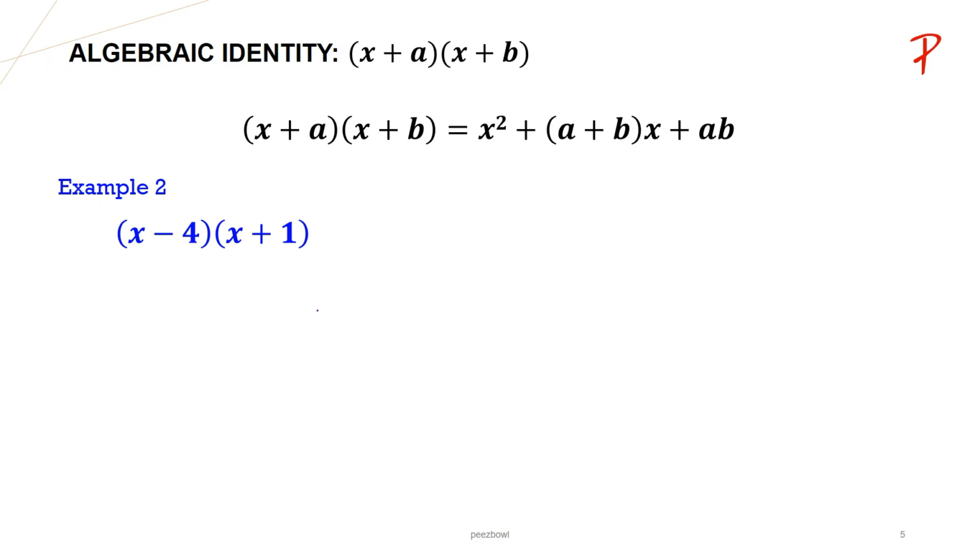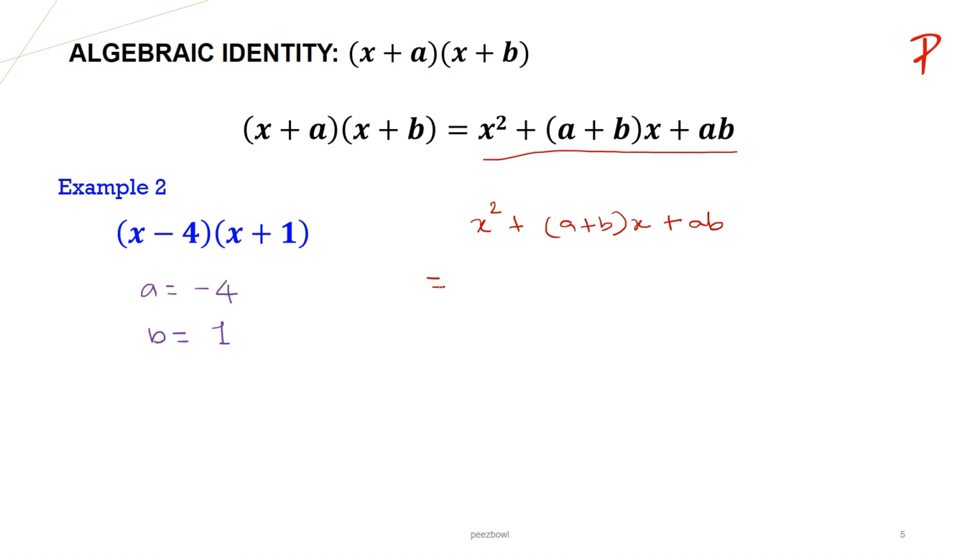Okay, let us take one more example. In this example we have (x − 4) multiplied by (x + 1). So in this case, at the place of a we have −4 and for b we have 1, right? So on the right hand side we have this particular algebraic identity. I will write it down.